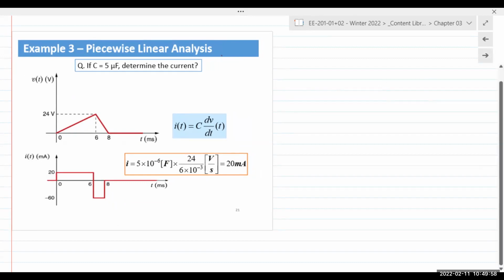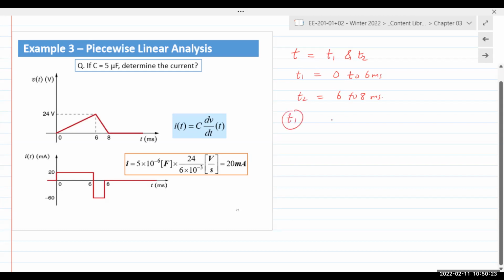That's all we are going to do. So T can be broken up into 2 parts, T1 and T2. T1 is going to be 0 to 6 milliseconds, and T2 is going to be 6 to 8 milliseconds.